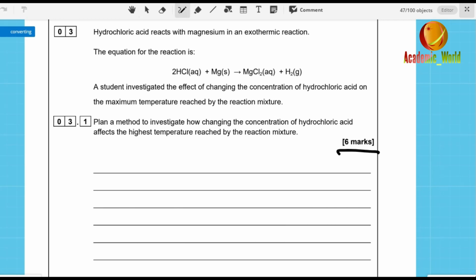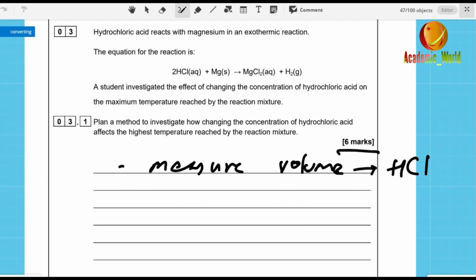So first of all you have to measure the volume of HCl with a measuring cylinder, and then pour the HCl into a suitable container, for example a polystyrene cup.